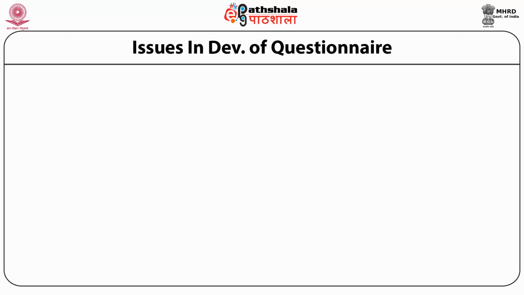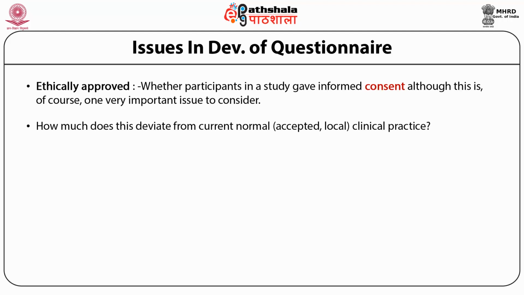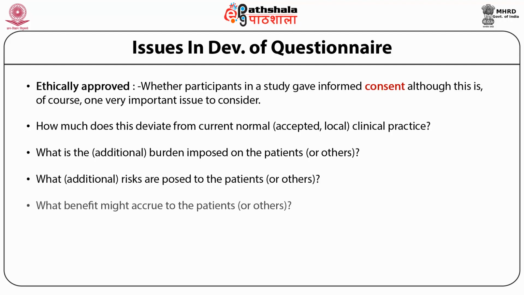Issues in development of questions: consent should be available, how much this will deviate from the current normal acceptable clinical practice, what additional burden is imposed on the patient, what risks are posed to the patient if we do this research, what benefit might occur to the patient, and what are the potential benefits to society by conducting this.